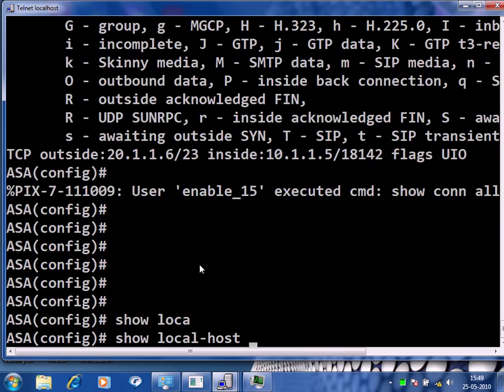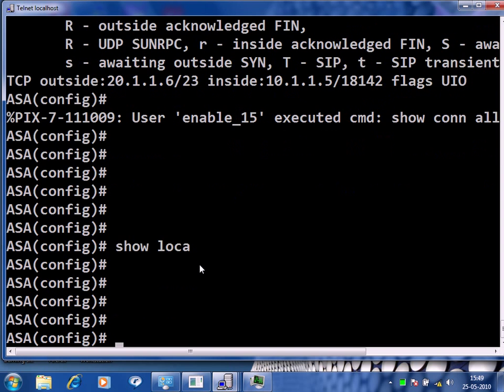Those commands will not be asked in the exam, as in which command is used for this, but rather they will show you the output and you have to interpret it. So let's check again.